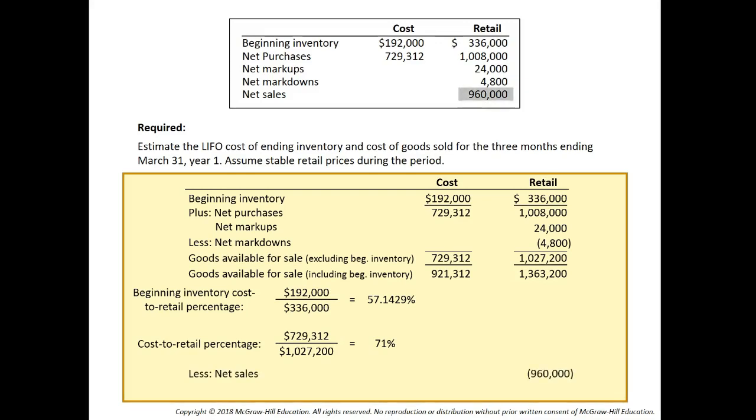So we take less our net sales of 960, which shows that estimated ending inventory at retail is 4032.